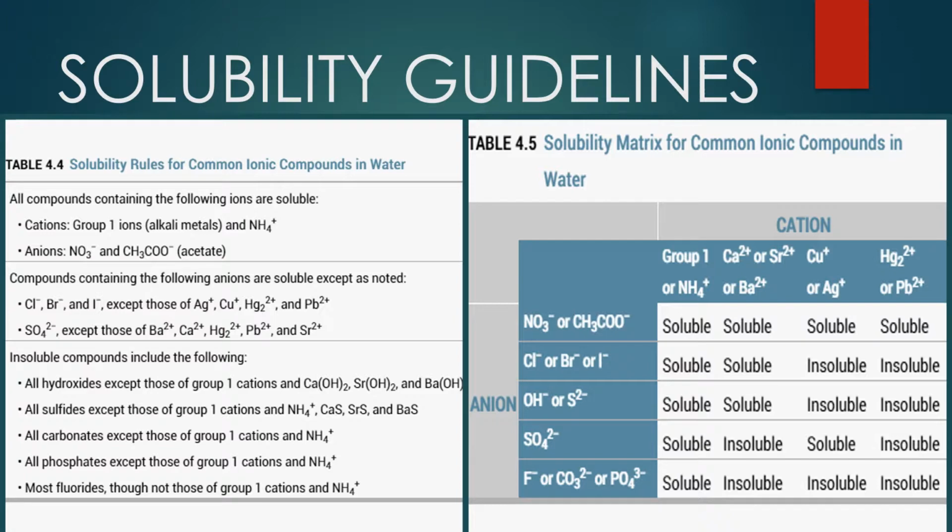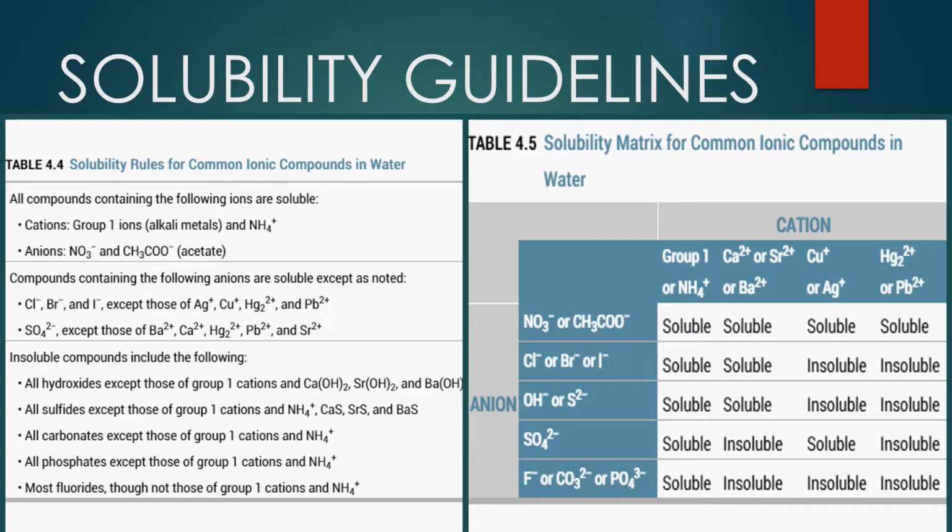Although in general chemistry, you don't really go down that far on the periodic table. And also ammonium, NH4. Then the anions that are soluble are nitrate and acetate. And then you have some anions that are usually soluble, except when they're paired up with certain other elements.